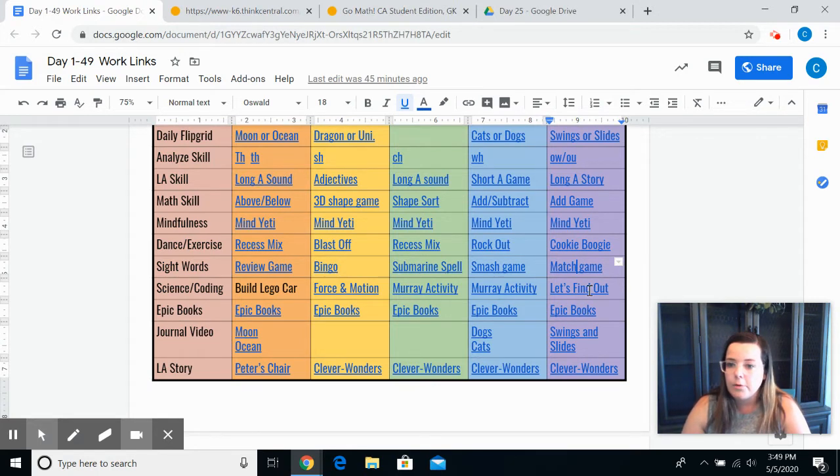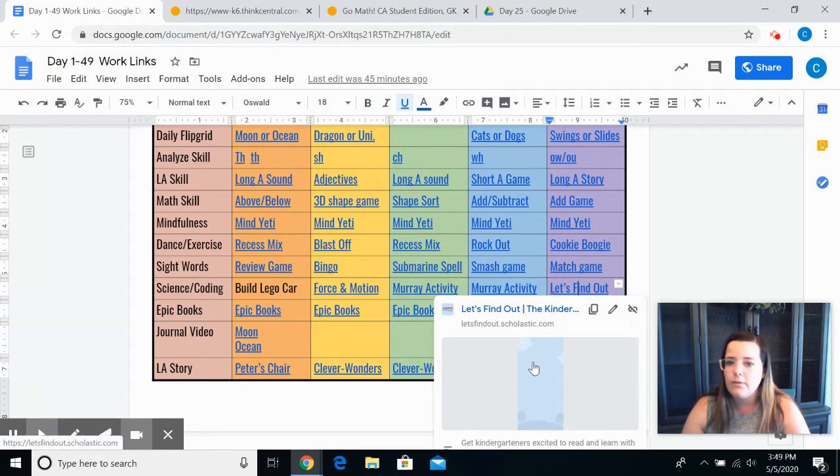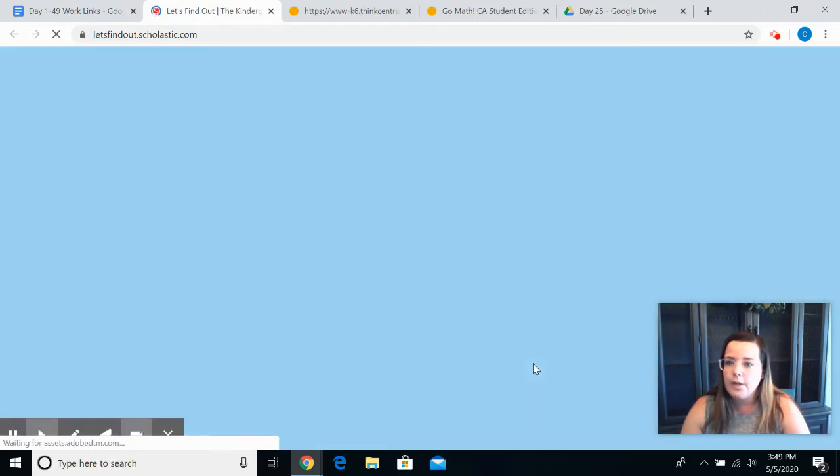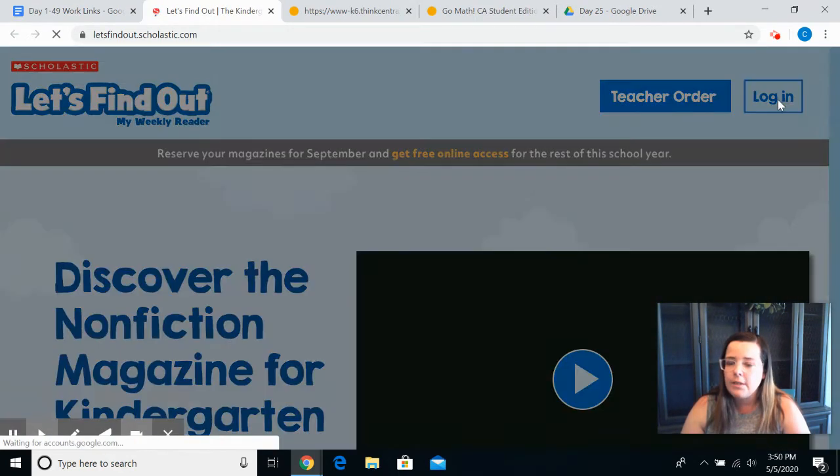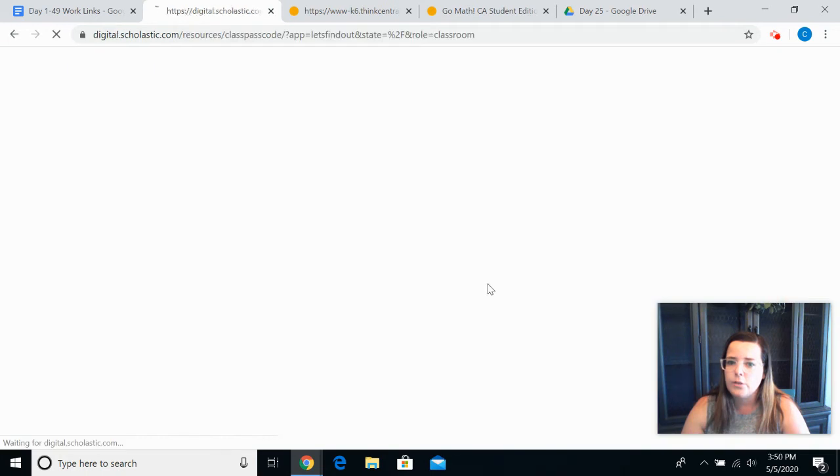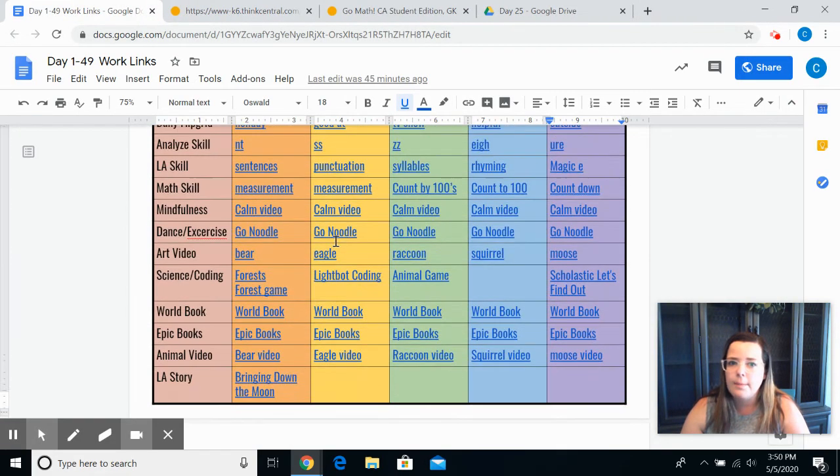Today we don't have any language arts pages, but we do have a Let's Find Out magazine. So when you click here, you have to log in and you're going to say you're a student. And then you have to type in the code, which is cloud.5 with no spaces. And if you forget, it is at the top of this document.